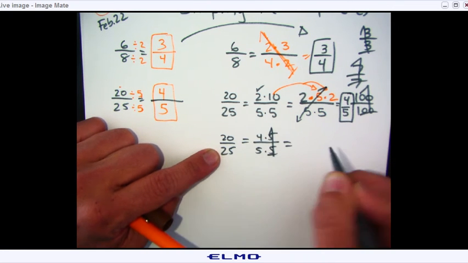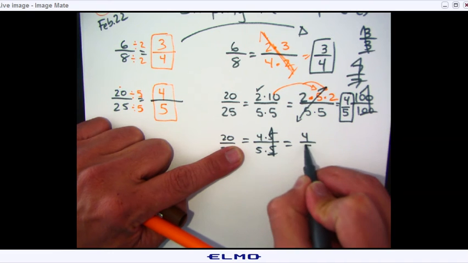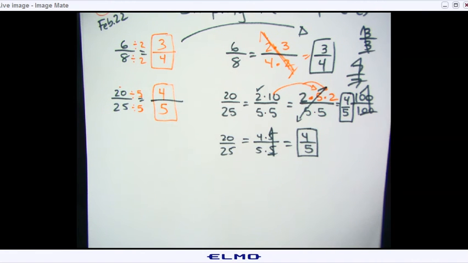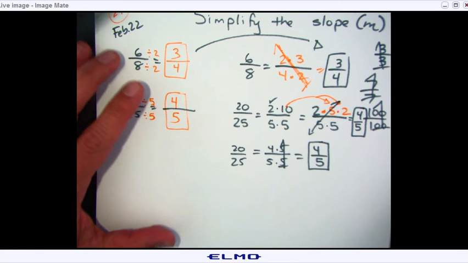There's my giant 1, and I'm left with 4 over 5. Okay? So that's basically how you do this.